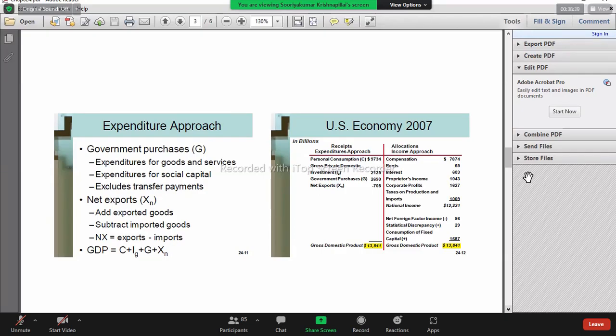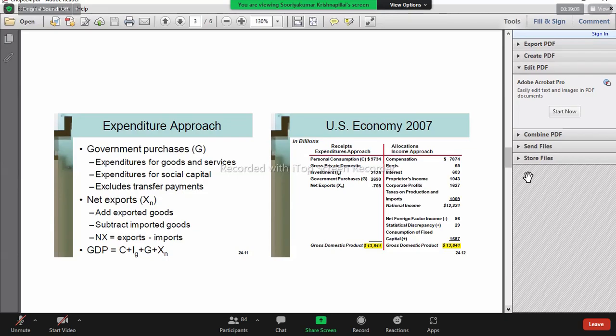That company's corporate profit. And taxes on production and imports, that is income going to the government, as revenue. That is also included. Then we will get national income. This is not GDP.